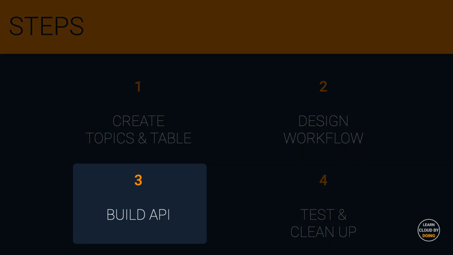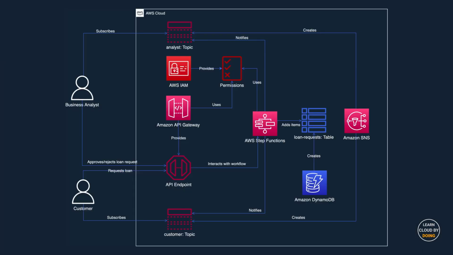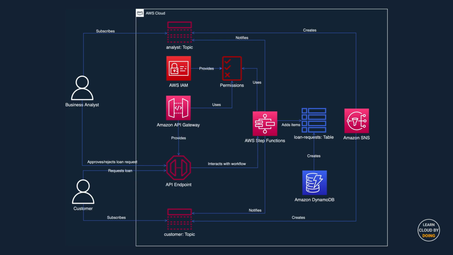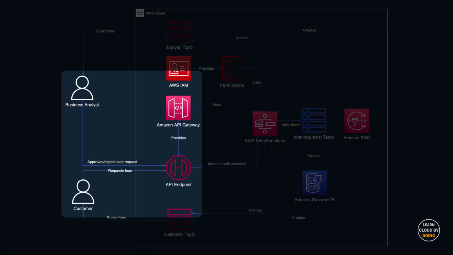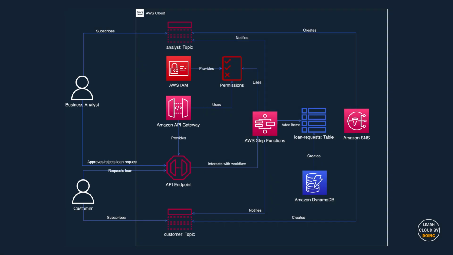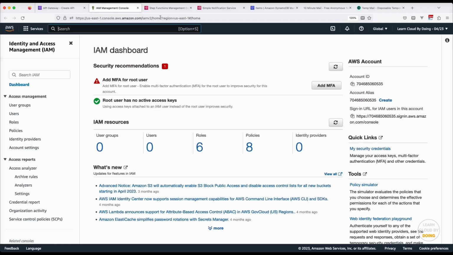Third step: build API. In this step, we use the API Gateway service to create a REST API that starts the workflow execution and sets whether a loan request is accepted or rejected. As usual, API Gateway needs permissions to integrate other services on your behalf. Go to the IAM service and create a role enabling API Gateway to call Step Functions actions.